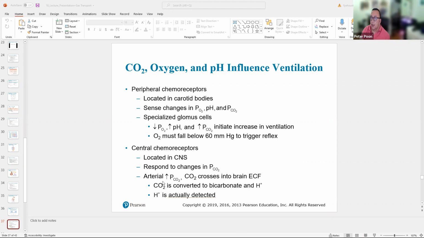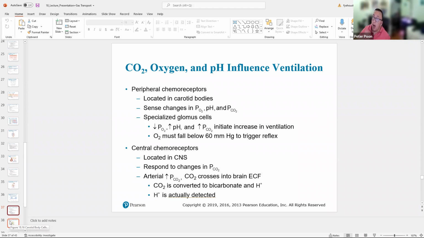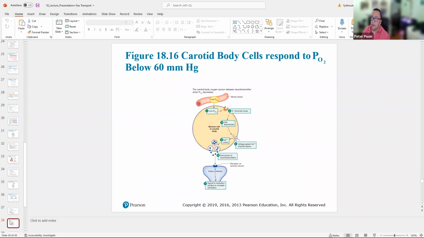So CO2 is converted into bicarbonate and H plus. Then you measure the amount of H plus, and that correlates to the amount of CO2. And so we breathe when we sense our CO2 levels are too high, not oxygen levels.